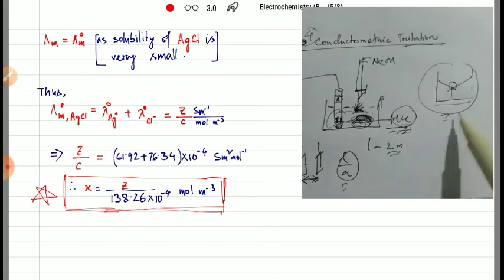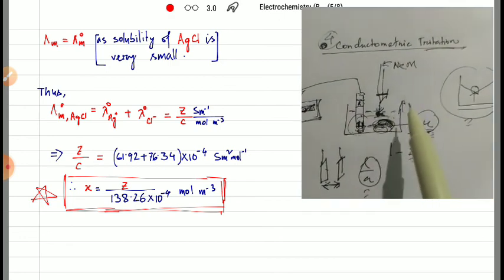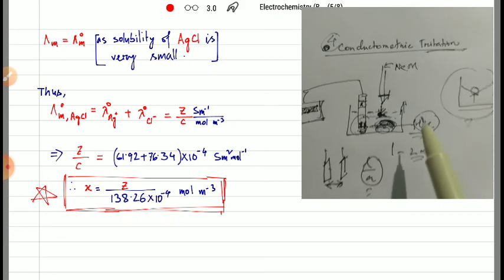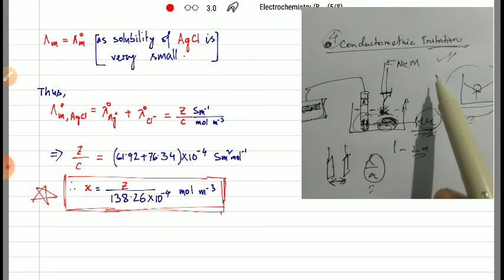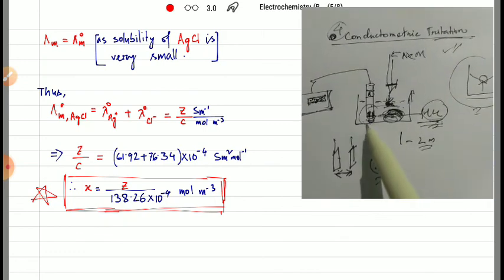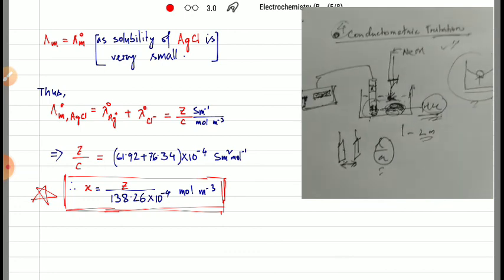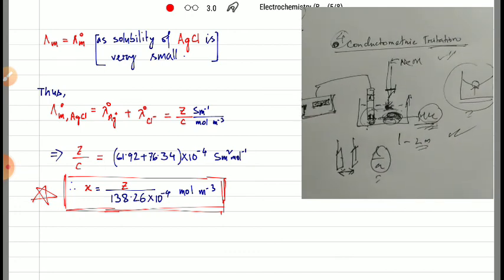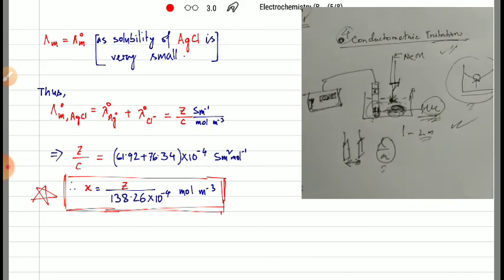By using this graph we're going to get the end point of that acid base neutralization reaction. So this is a type of titration, but instead of an indicator, we're going to use this electrode to indicate our endpoint. This is a very interesting topic, and we're going to discuss it in detail in the next class. Okay, hope you understand up to this.